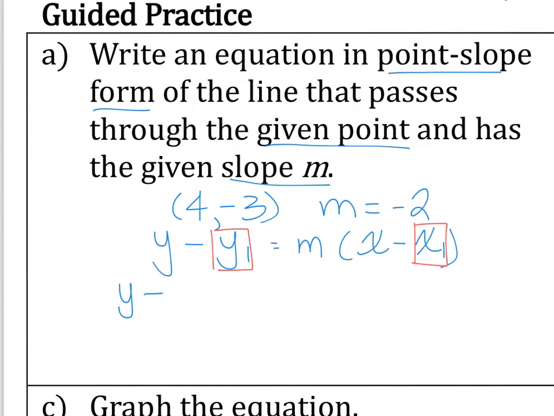y minus -3 equals -2 times x minus 4. This is 4 because we have 4 here and it's considered positive, okay?